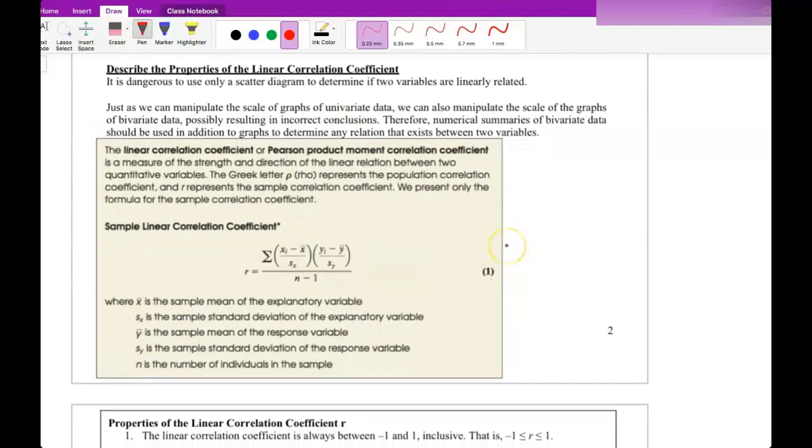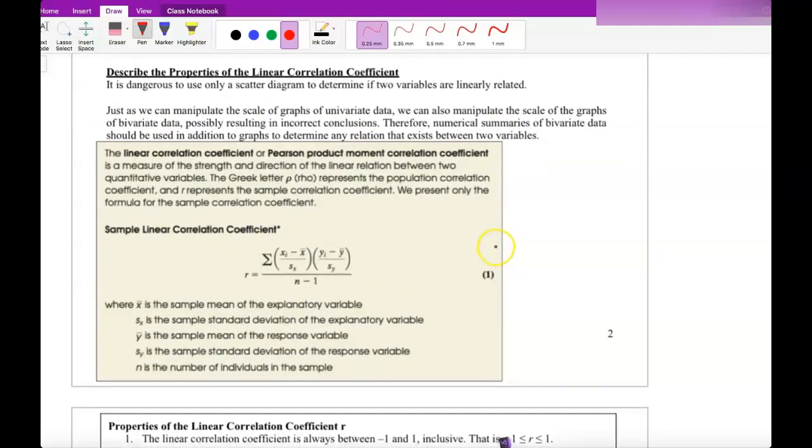Now the next part, we have the linear correlation coefficient, or Pearson product moment correlation coefficient. We're going to use the correlation coefficient for this one. What we have here is the sample correlation coefficient, shown with r.